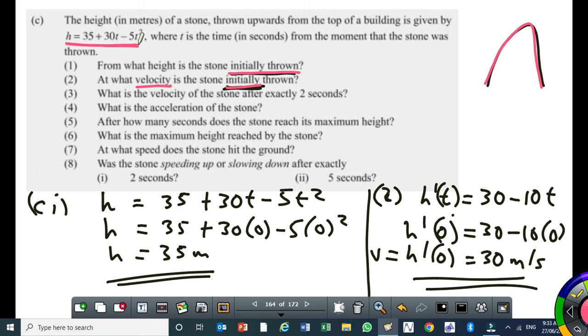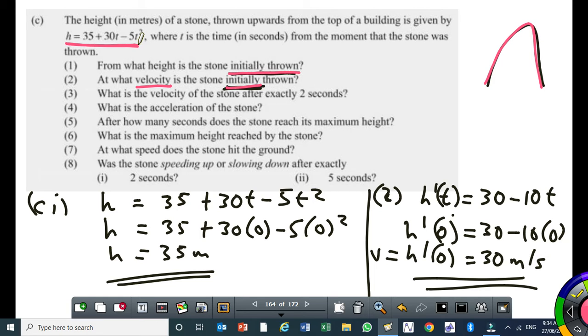So h prime of t is going to be 30 minus 10t. Then you substitute t equal to 0 to determine the velocity when the stone is first thrown up. So it will be 30 meters per second.